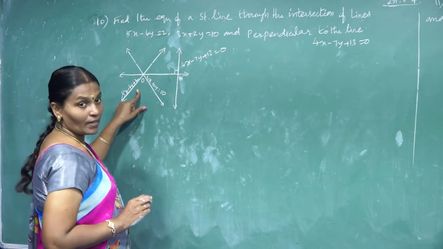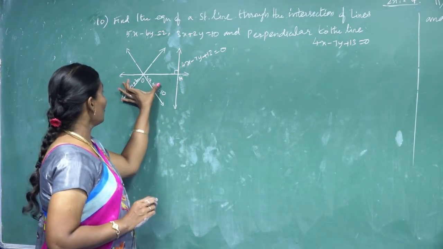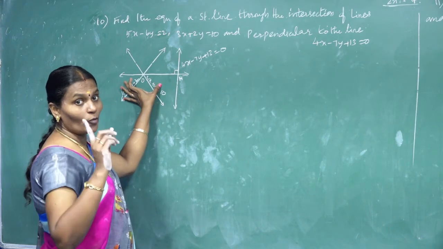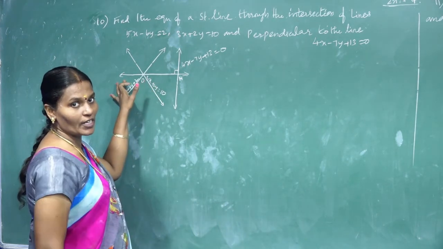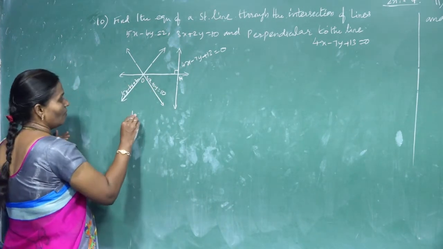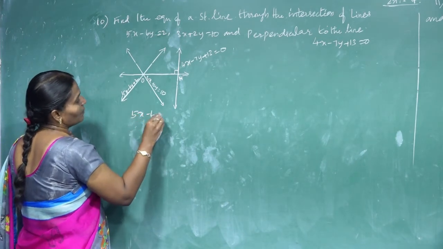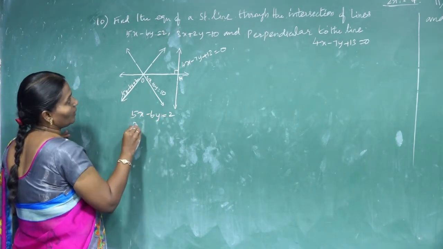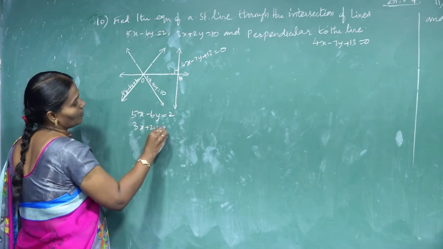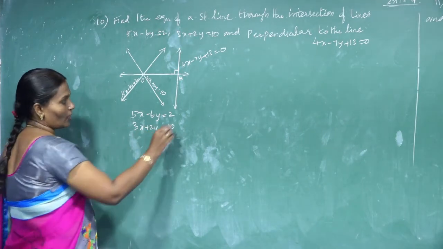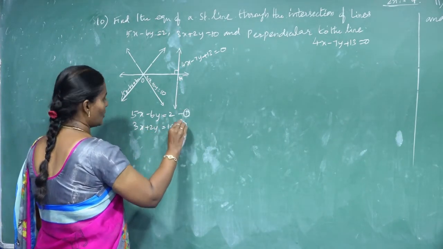You already know: solve these two equations and you get one point, that is the point of intersection. Now see, 5x minus 6y is equal to 2, then 3x plus 2y is equal to 10. Consider this equation 1 and this equation 2.